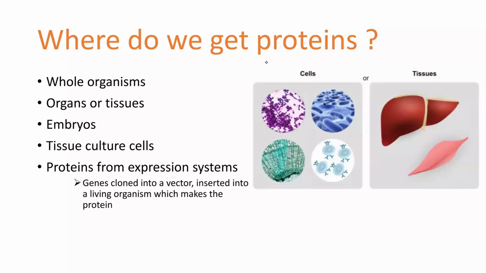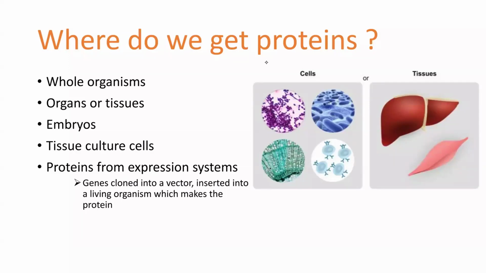So you can get protein from whole organisms, from organs, from tissue, from embryos, from tissue culture cells, or you can even take a particular gene and use an expression system to express the protein. So you can express the proteins and get them from there and manipulate them.